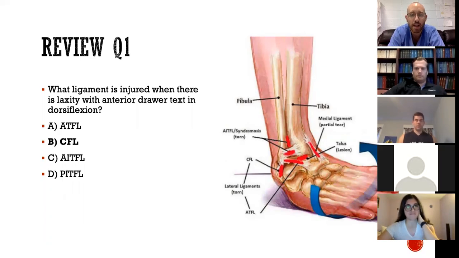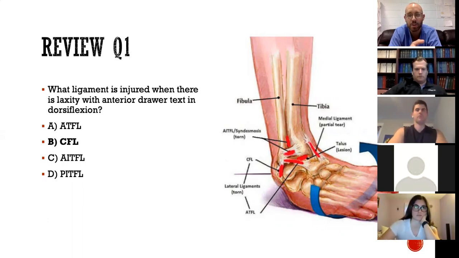And so the anterior drawer test tests for either the ATFL, the anterior talofibular ligament, or the calcaneofibular ligament. And depending on the position of the foot, you can test either of those. So the way to remember this is think of which way it's going to put those ligaments on stretch.